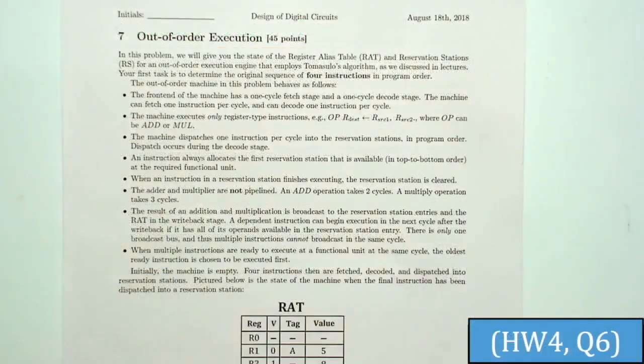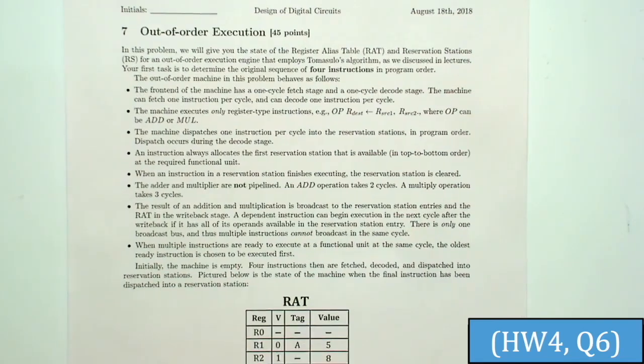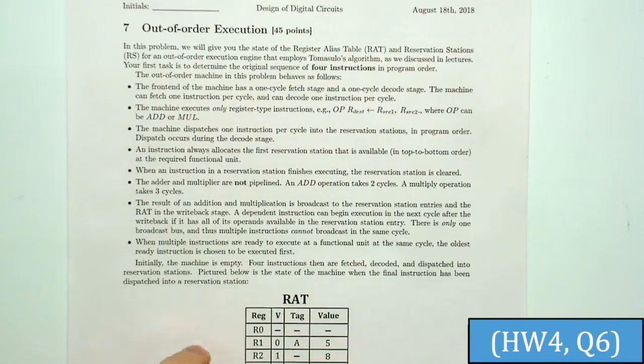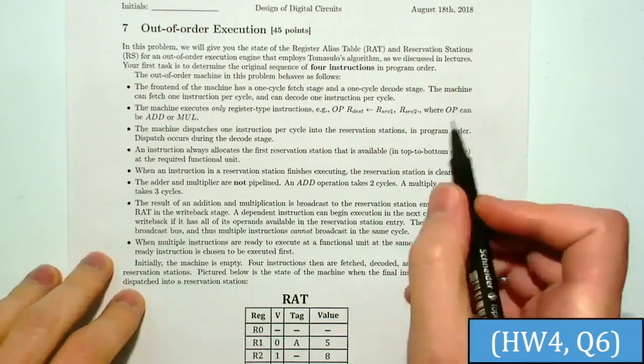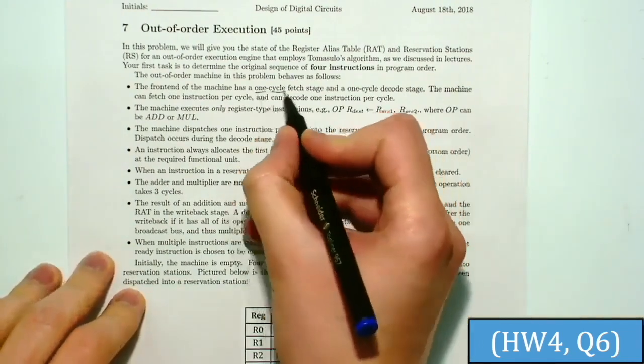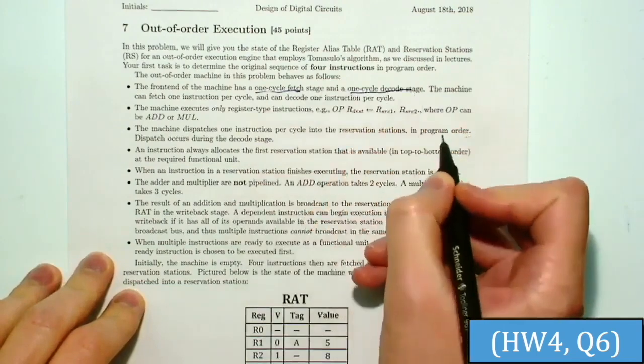Okay, the next question is on out-of-order execution. We solved a very similar question during the first discussion session, if you remember. This is basically testing your knowledge of Tomasulo's algorithm, and I will just highlight a few important things in the question. There's a one-cycle fetch and one-cycle decode stage.